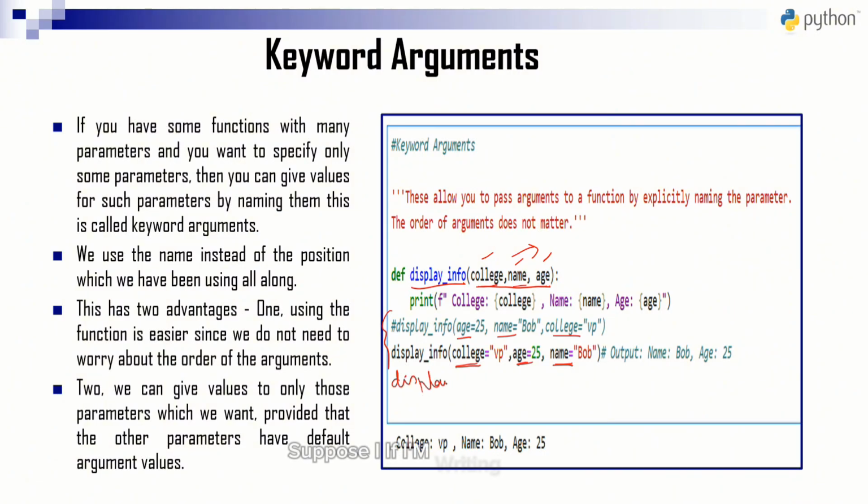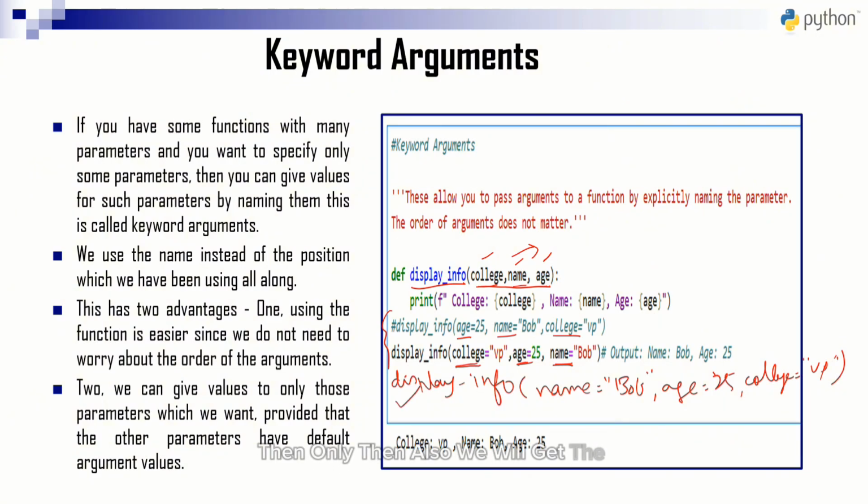Suppose I am writing display underscore info name equal to Bob, age equal to, and college equal to, then also we will get the output. So the order of arguments does not matter in keyword arguments.